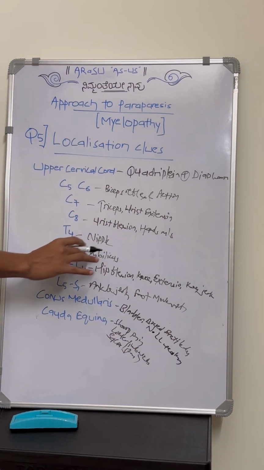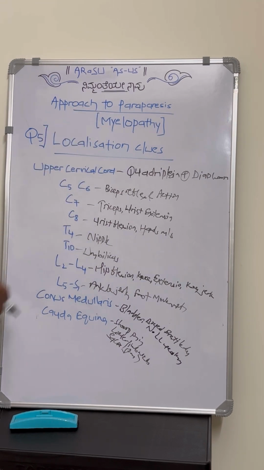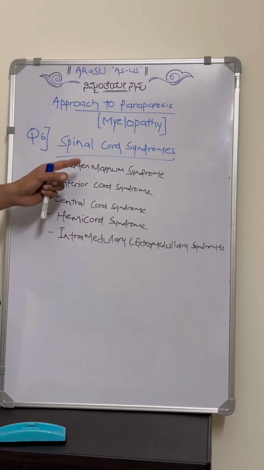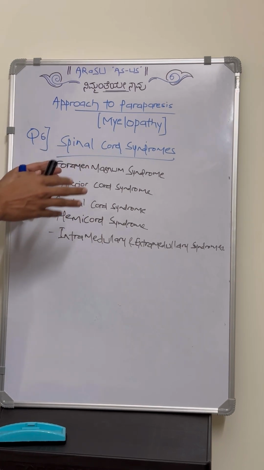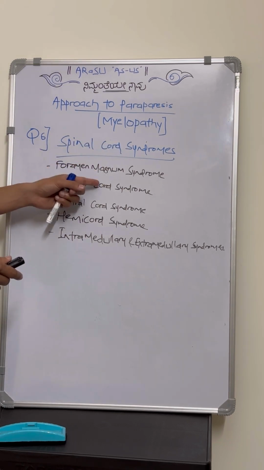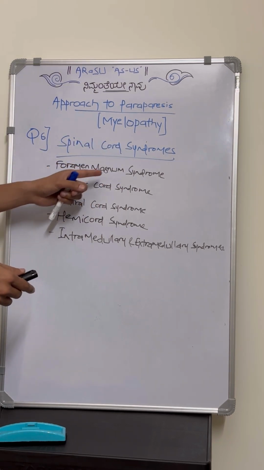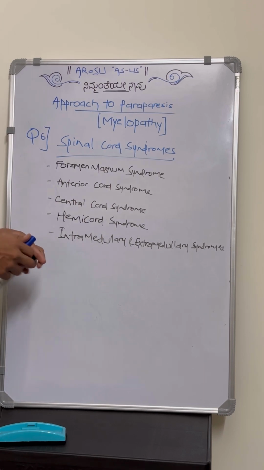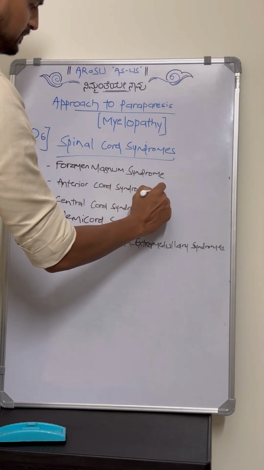So these are some clues which we have to remember when we are dealing with localization of the myelopathy. Finally, we have to see whether the symptoms or the complaints are fitting into any syndromes. We call them spinal cord syndromes. So mainly remember foramen magnum syndrome, then anterior cord syndrome. Here obviously the posterior column will be spared.